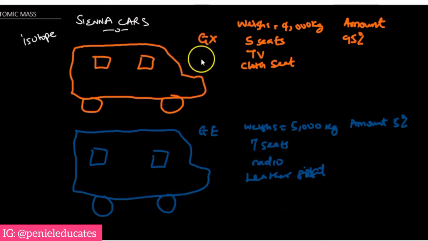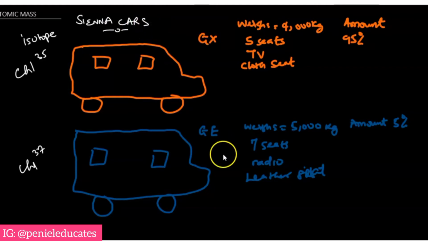This is just like the isotopes of chlorine. This one is chlorine mass 35, and this one is chlorine of mass 37, like the one we discussed the other time. So despite the content of what they have, they still remain Sienna cars.